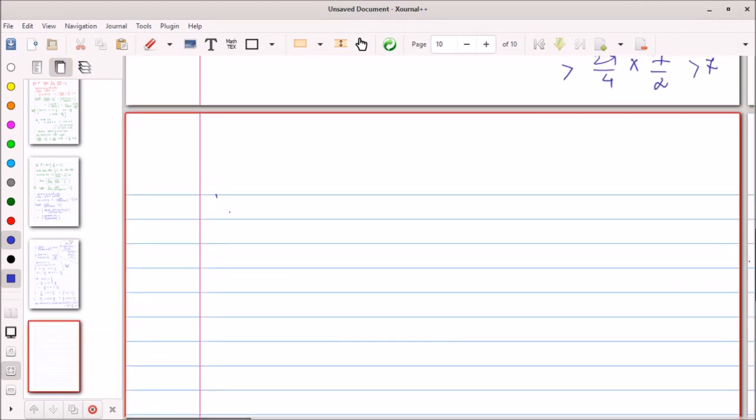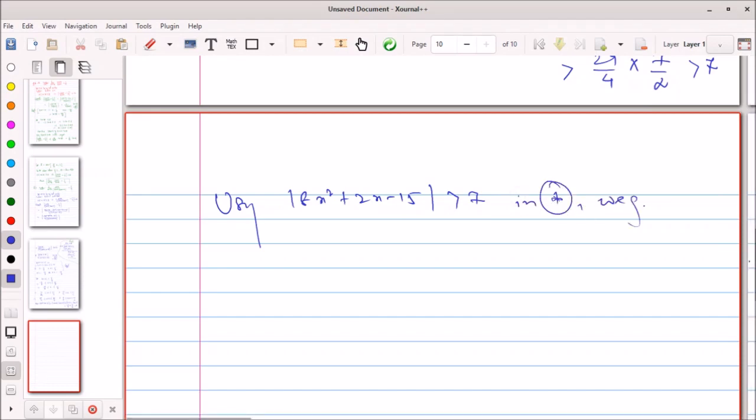So using 8x square plus 2x minus 15 greater than 7 in star, what do we get?